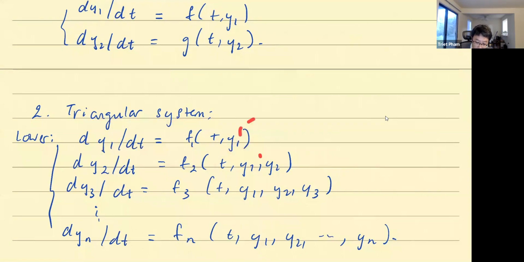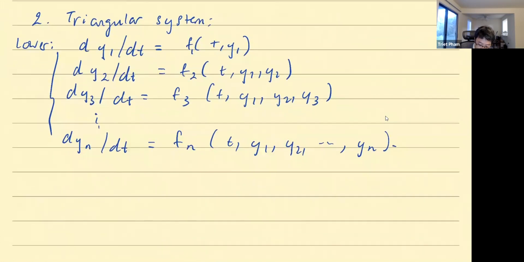If you plug it into the second equation, it reduces to a single equation. It's no longer a system because now y2 only depends on y2. So you can look at this as a single equation. And then after you solve for y2, you plug y1 and y2 into this. That's exactly substitution.